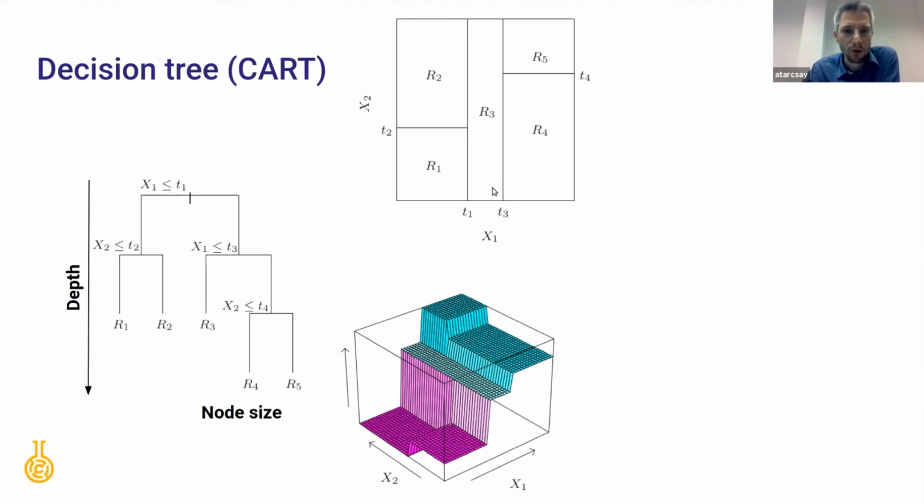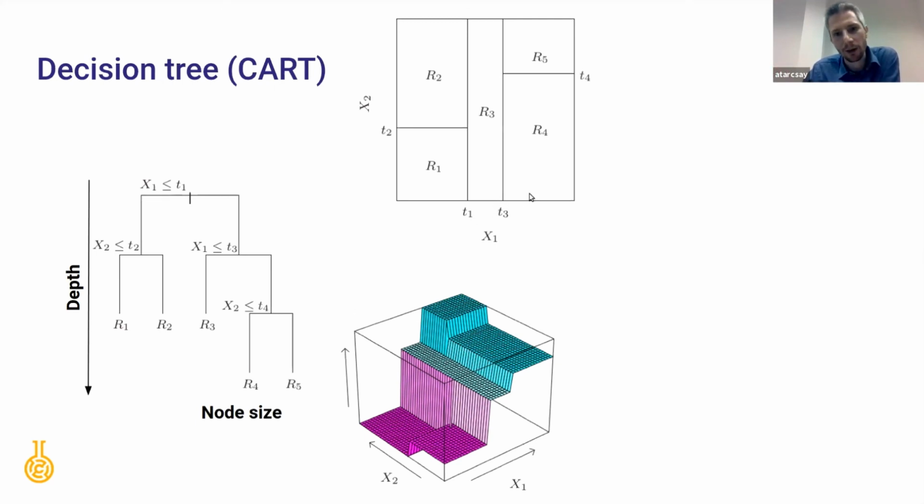So the first decision is that x1 should be lower than t1, and then you can further make a decision that if x2 is lower than t2, then it will go into the R1 bin, otherwise it will go to the R2 bin. So based on the populations and x1 and x2, the descriptors, you are splitting the data in a way that you want to maximize the classification accuracy.